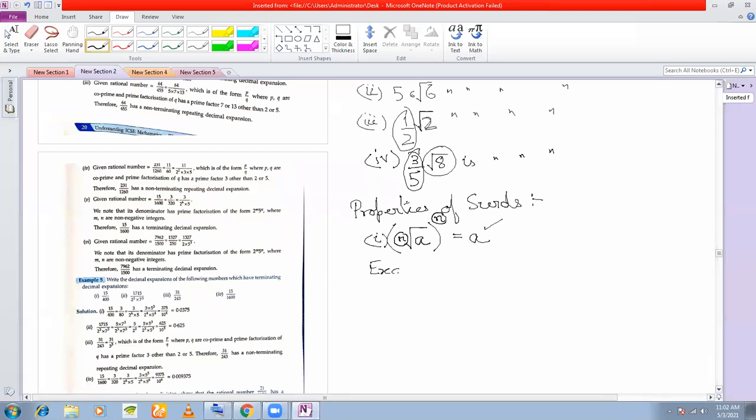Example: square root of 5 squared is 5. Okay, let's call it property number a.